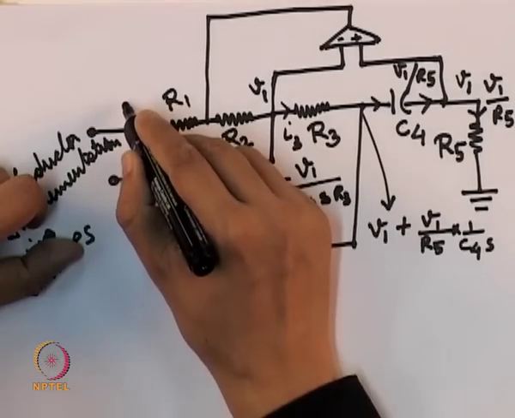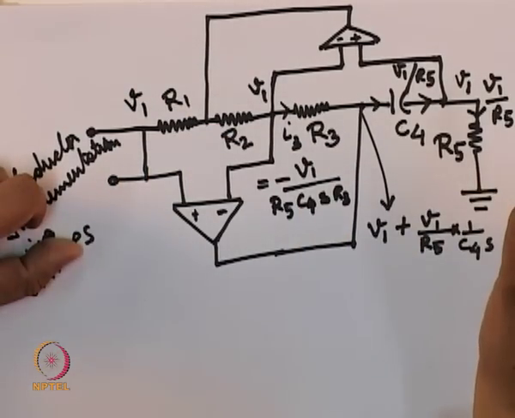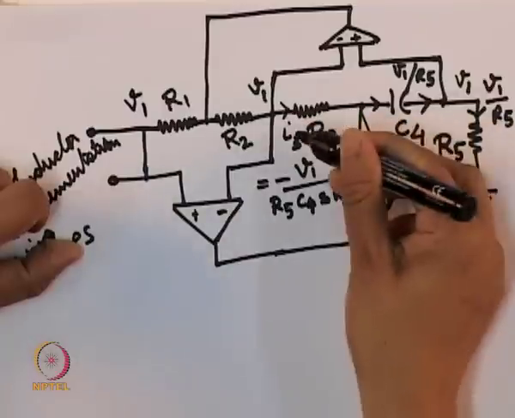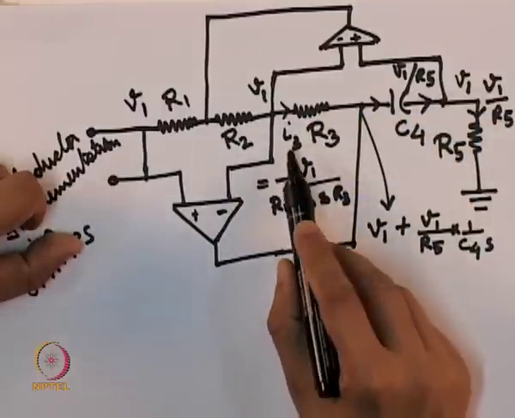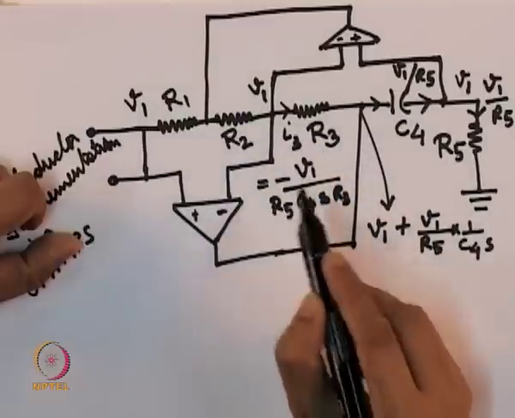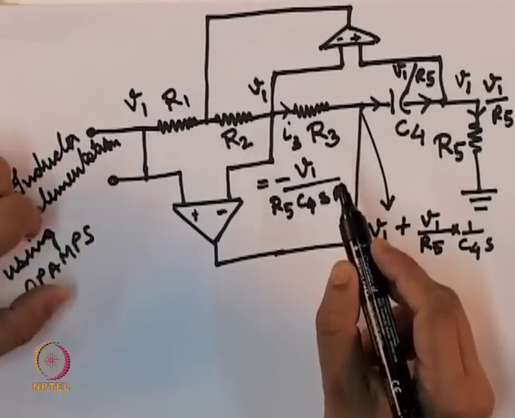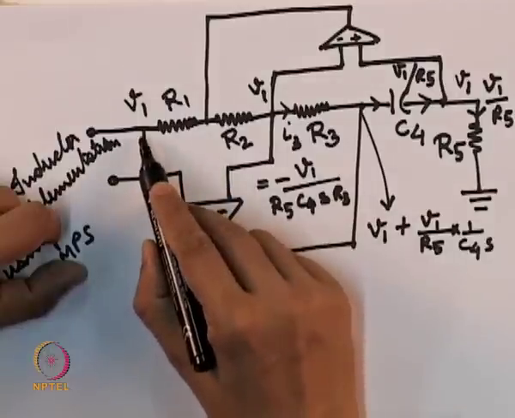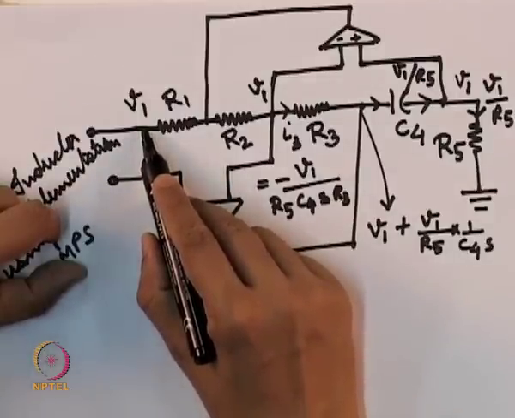Then the voltage at this terminal would also be R1. Now, this current is actually flowing in this direction, that is the reason we get a minus sign. If we consider the current to be in this direction, then we get a negative sign. Now, proceeding similarly, what is the voltage at this point?